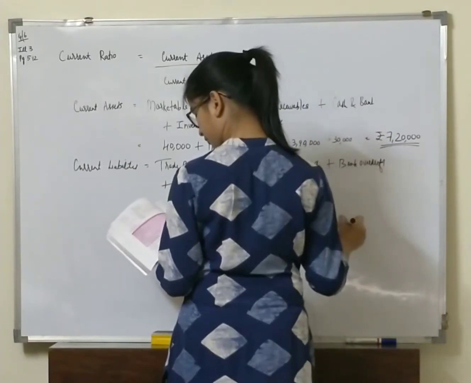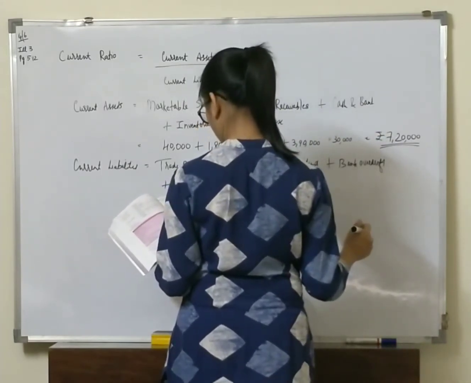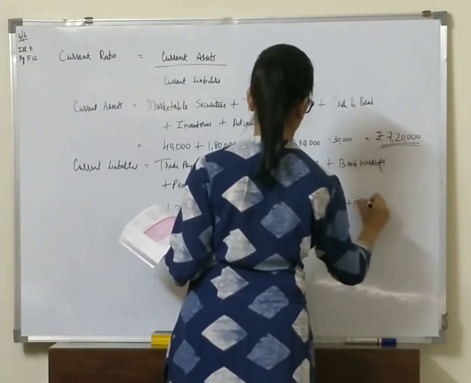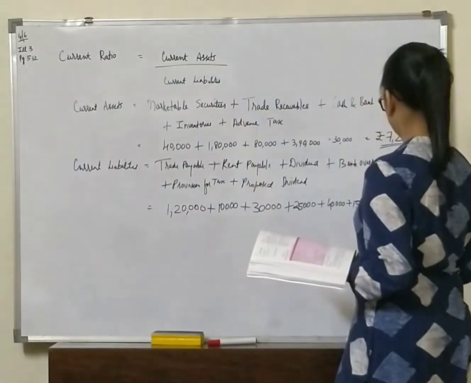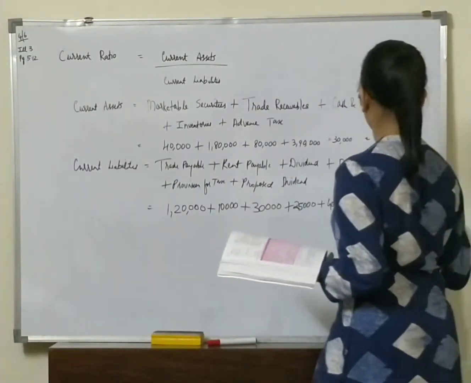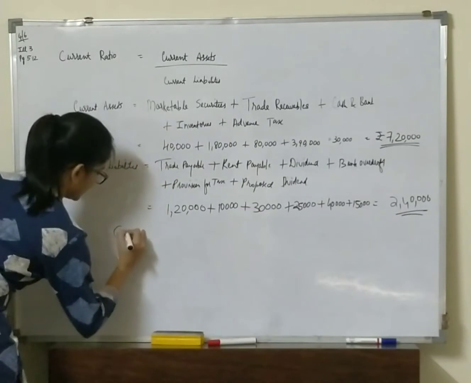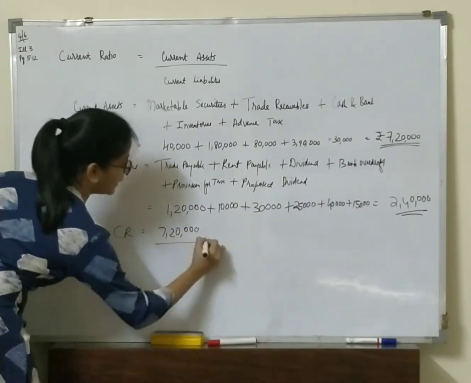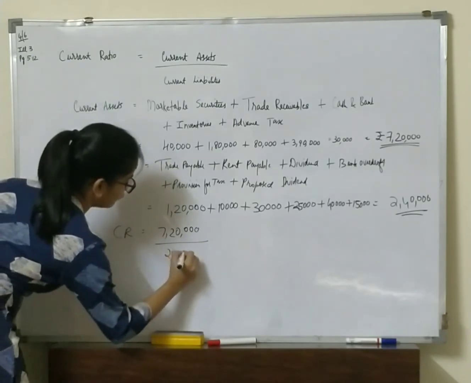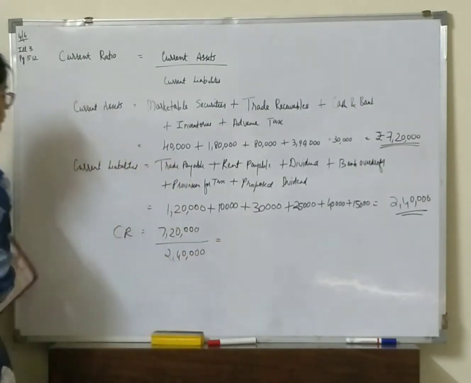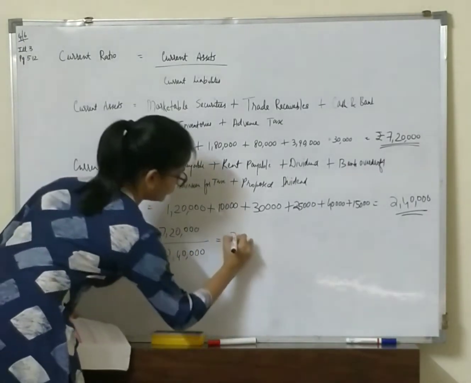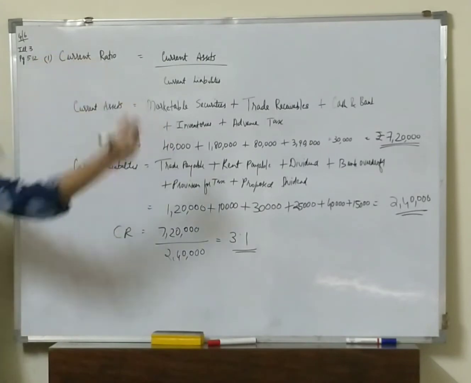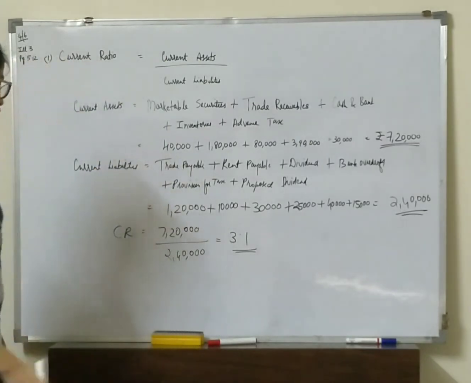Then we have provision for taxation 40,000 and then proposed dividend 15,000. So total of current liabilities will be 2,40,000. So what is the current ratio now? Current ratio is, current assets 7,20,000 divided by 2,40,000. So the answer would be 3:1. So I hope you all are clear with the first one, that is finding out the current ratio.